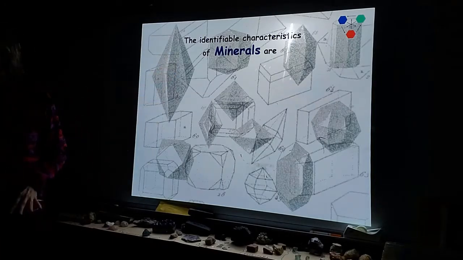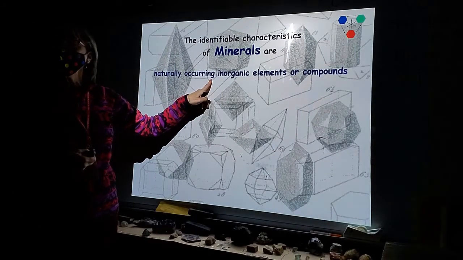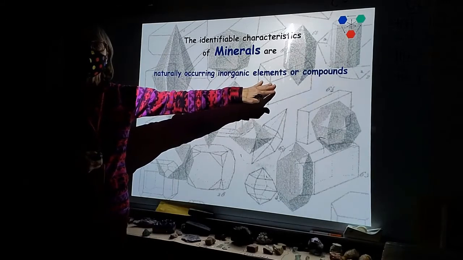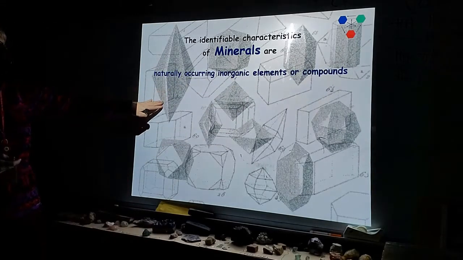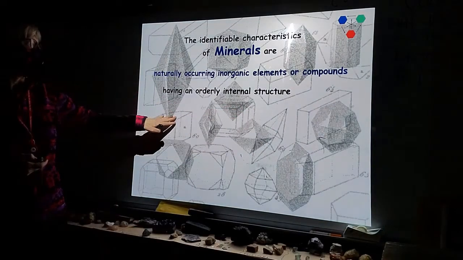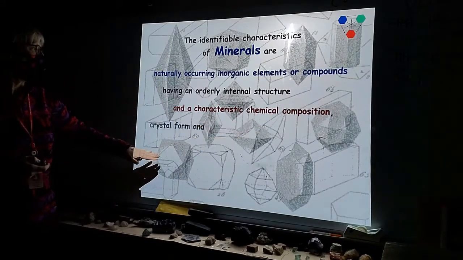So the characteristics of minerals are, you do not have to write these down. They are naturally occurring. They're inorganic elements or compounds. They have an orderly internal structure. They have a characteristic chemical composition.